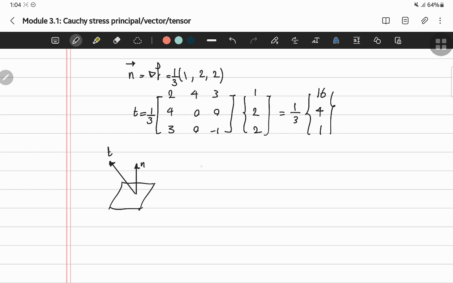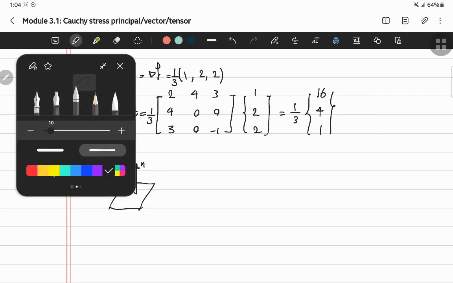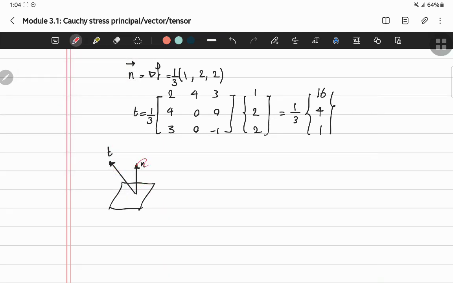So now the book actually wants you to calculate the normal stress. In order to find the normal stress, you know that this is n, and it is in the direction of n. Let's show this with sigma n, for example.